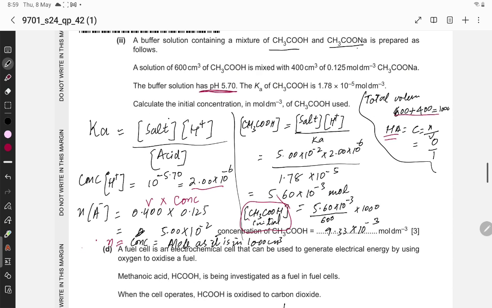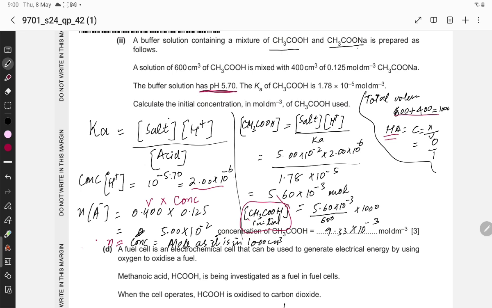Now in this question, Ka is equal to salt times hydrogen ion over acid, and we know the concentration of hydrogen ion is calculated because the pH of this solution is given. So pH is 5.7, so the concentration of hydrogen ion is 10 raised to minus 5.70, which is 2 into 10 raised to minus 6.